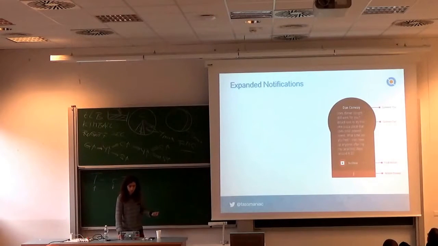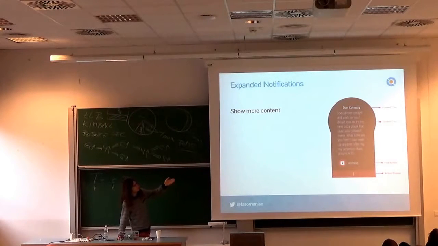For example, this can be fired by the Gmail application, and this is possibly coming from the phone itself. This is not something generated in the watch itself. So when you click, you see more content. You have a primary action in the bottom.